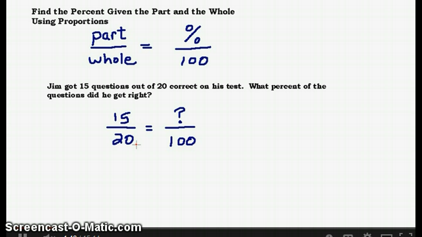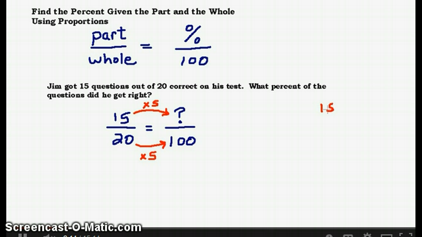Since we're multiplying the denominator by 5, we also have to multiply the numerator by 5, because when we multiply both the numerator and denominator by the same number, it equals 1, and when we're multiplying by 1, we're not changing the value of anything. It's still going to equal the same thing.